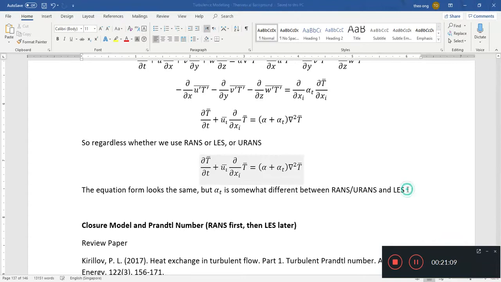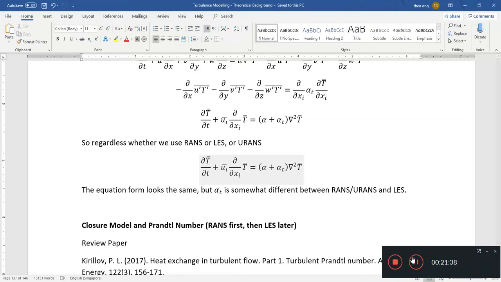It is a slightly different value, namely because in RANS and URANS, you model all the turbulence. In LES you model about 20% of the turbulence and resolve 80% of it, ideally speaking. So it makes sense that your alpha t may switch a little bit between them, just like how your turbulent viscosity switches between them.